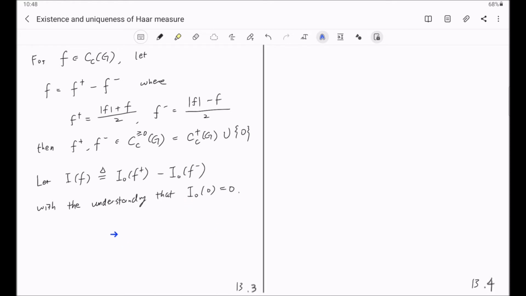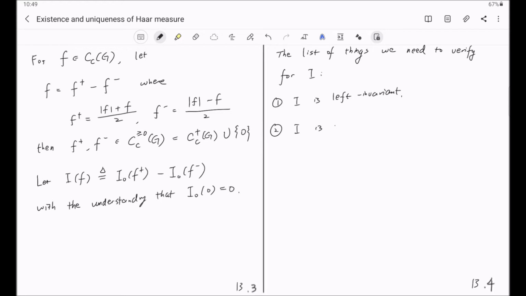Now we are going to verify that I is really a left invariant positive linear functional on C_c(G). To this end, we need to verify the following couple of things. Let me make a list. First, we need to verify that I is left invariant. Second, we need to verify that I is positive.